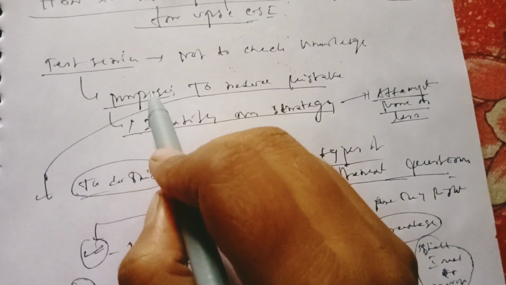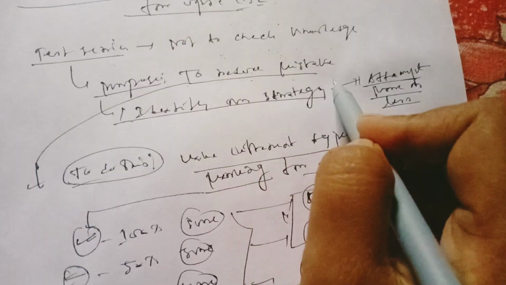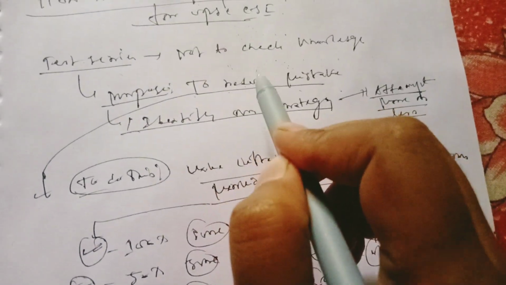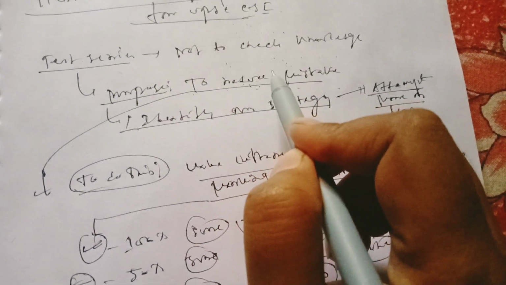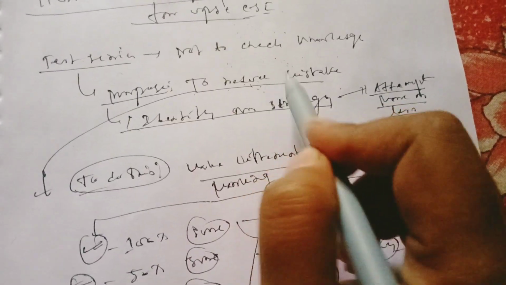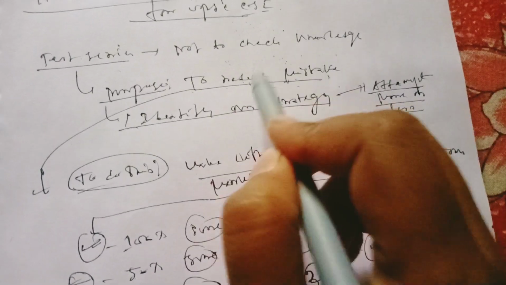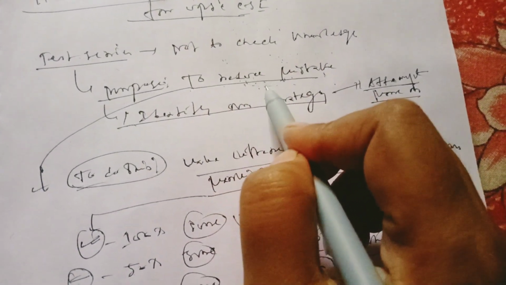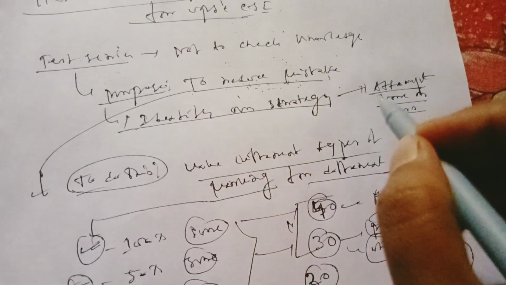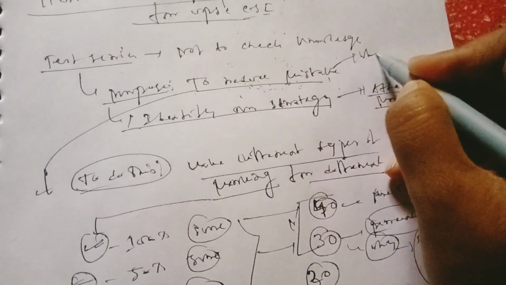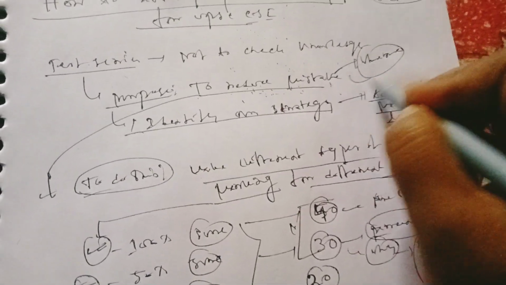The purpose of test series is to reduce the mistakes so that we can attempt the real papers on the day with maximum accuracy. We have to check where we are doing mistakes, and why.